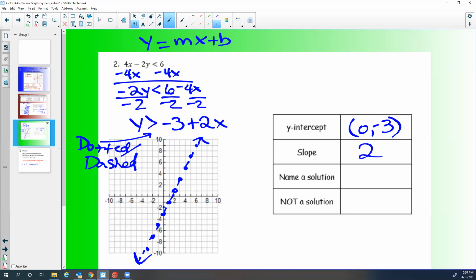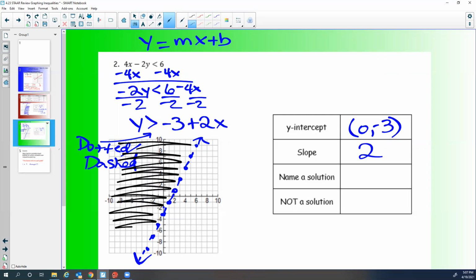And since we are greater than, we shade above the line. All of our solutions will be in that shading. Since this is a dashed line, no coordinates on that line can be included with the solutions.